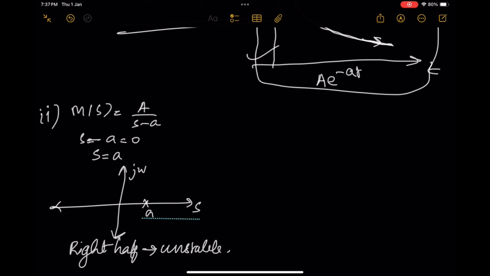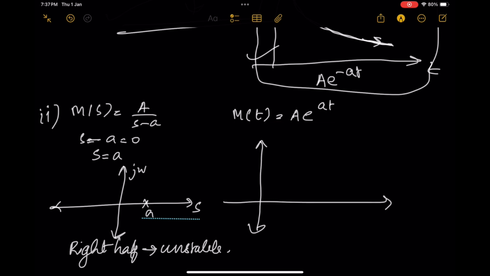We can also draw this function's actual graph, that is m of t, which will give a e raised to at. When I draw that graph, it will be an exponentially increasing function, not a decreasing function.